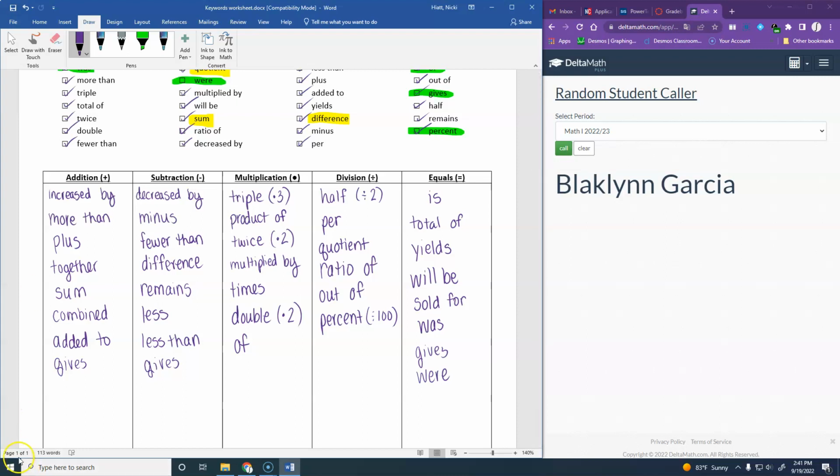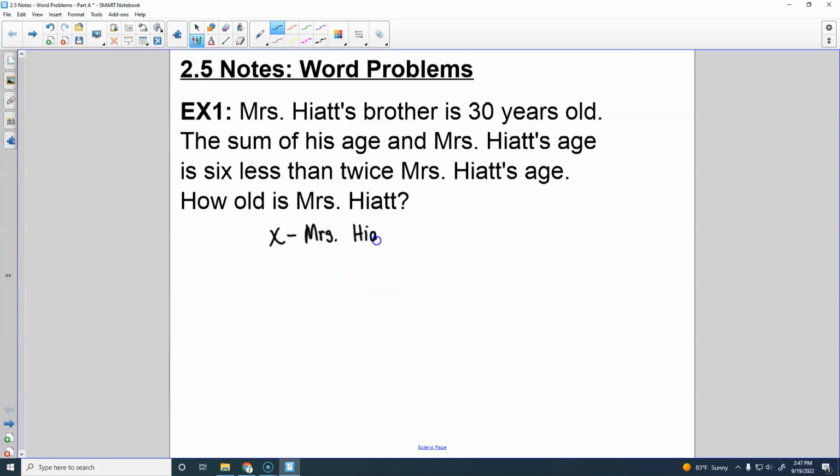So that's our variable. That's what we don't know. So when you're writing an equation for this, read through the situation, okay? The sum of, all right, so what's the word sum tell me to do? Add.